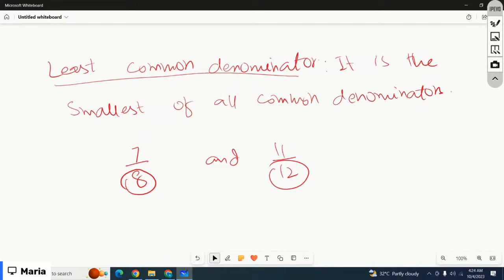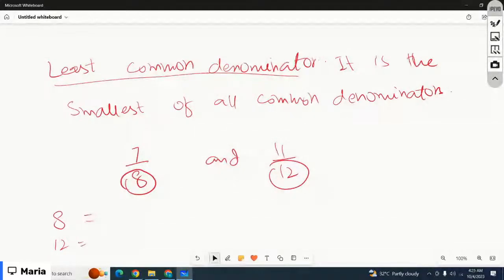Okay, so the denominators are 8 and 12, right? So you have to write down the prime factors of 8 and 12. Let's write down the prime factors of 8. Prime factors means all the numbers must be prime.